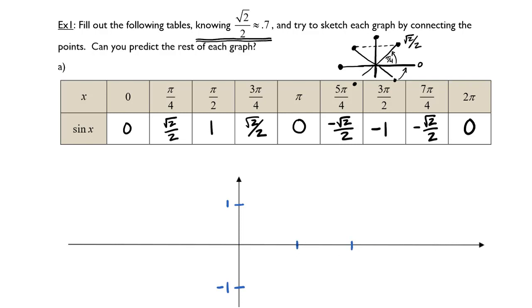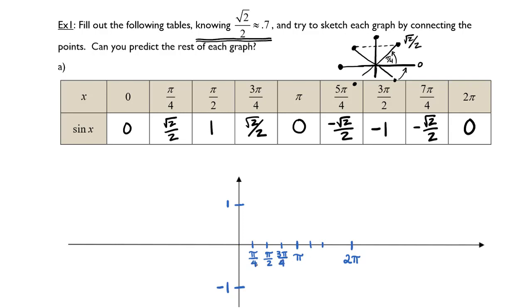So we'll go ahead and say that here along the horizontal axis is 2 pi, halfway there is 1 pi, and let's break it up even further. If we split pi in half, we're at pi over 2. If we split pi over 2 in half, we'll have pi over 4.